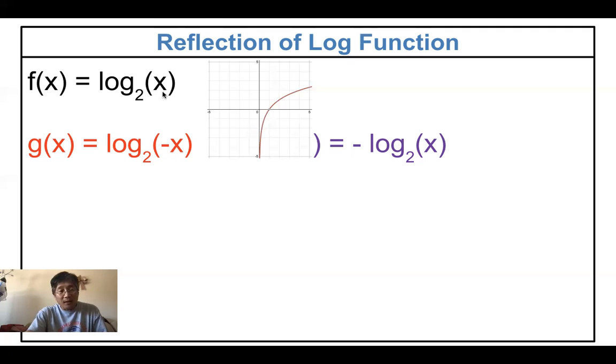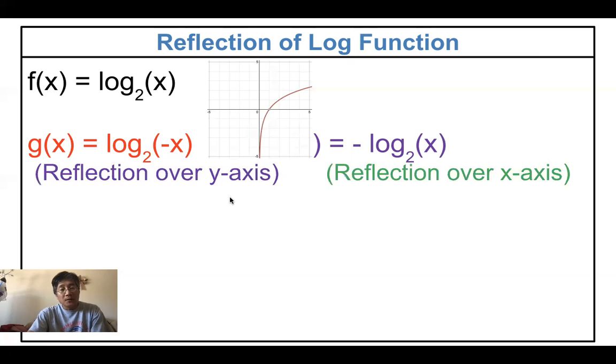X cannot be negative or 0. You should have only positive here. So to make this positive, what should you do? X must be negative, right? So this graph, everything moved to this side, but reflected like this. This is a reflection over the y-axis.